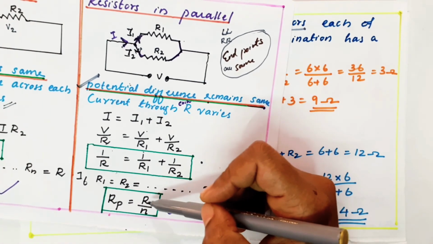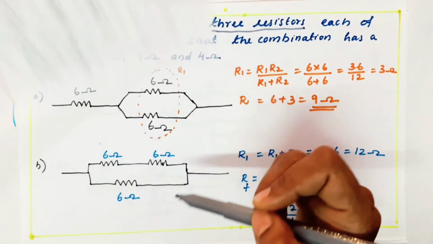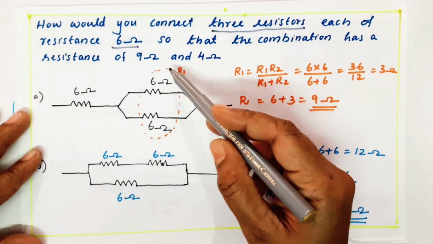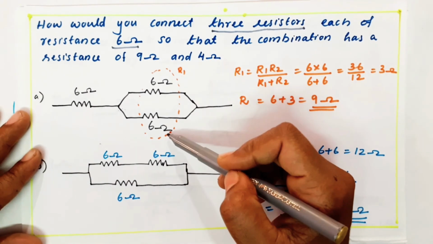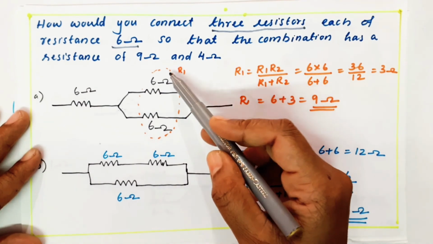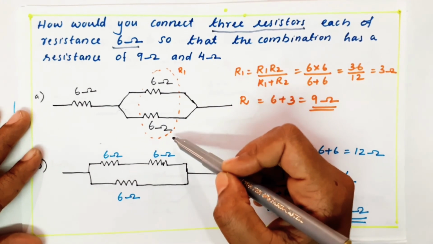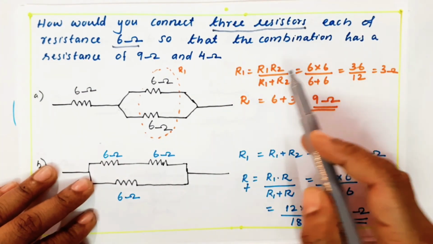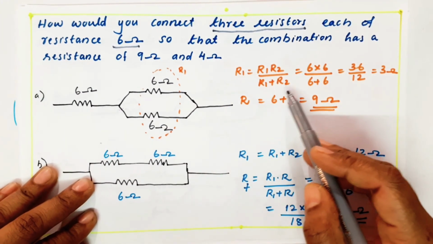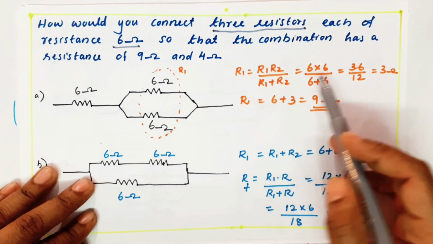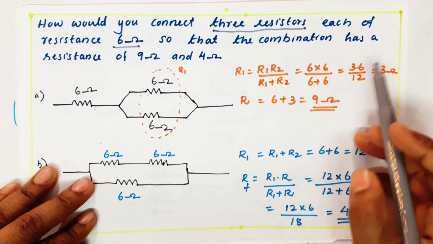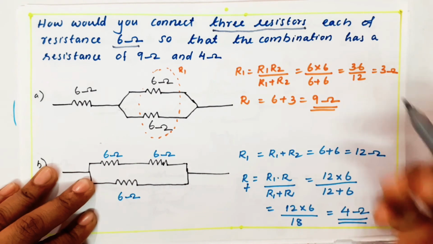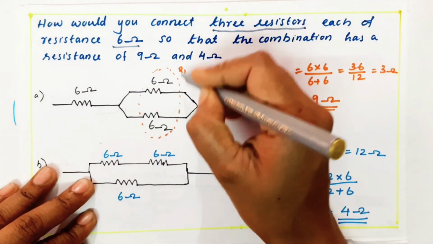So see, R by n. So here R and R, 2 equal. 2 are there. So what should be the answer? 6 by 2. What is 6 by 2? 3. If you are not getting that, no problem. Do it in the direct form. R1 R2 by R1 plus R2. Simple formula. That is 6 into 6 by 6 plus 6. 36 by 12. 3. Or do it in the shortcut form, no need to think like this.